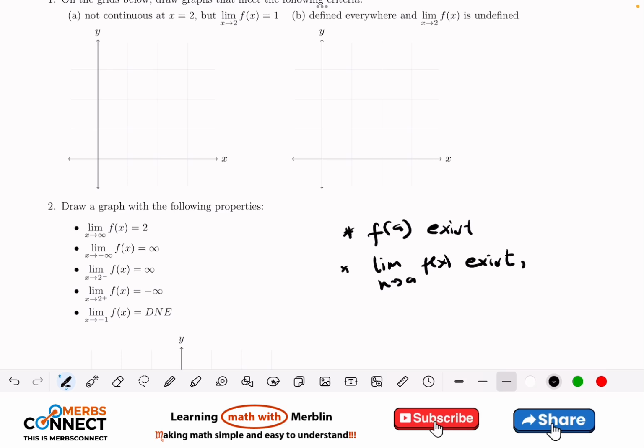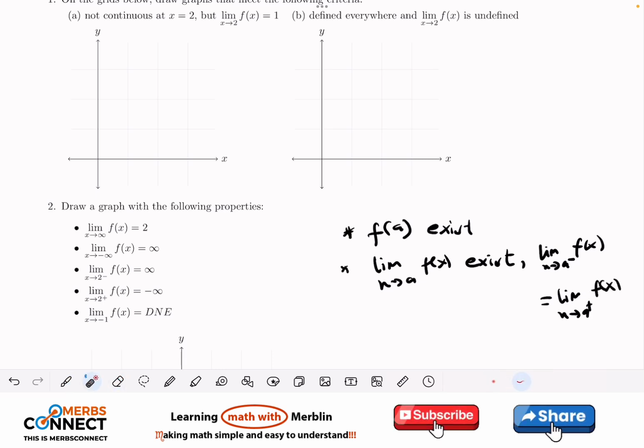And this happens when the limit as x is approaching a from the negative side of f of x is the same as the limit as x is approaching a from the positive side of f of x.